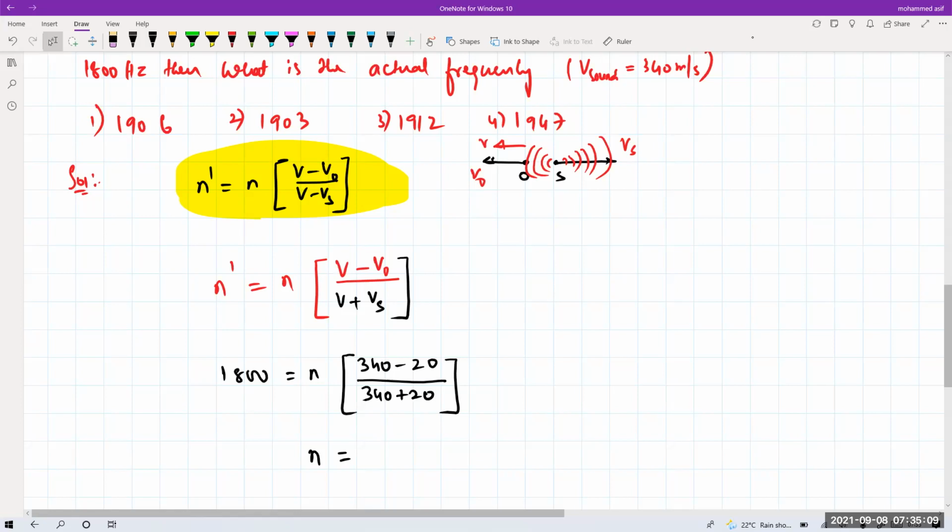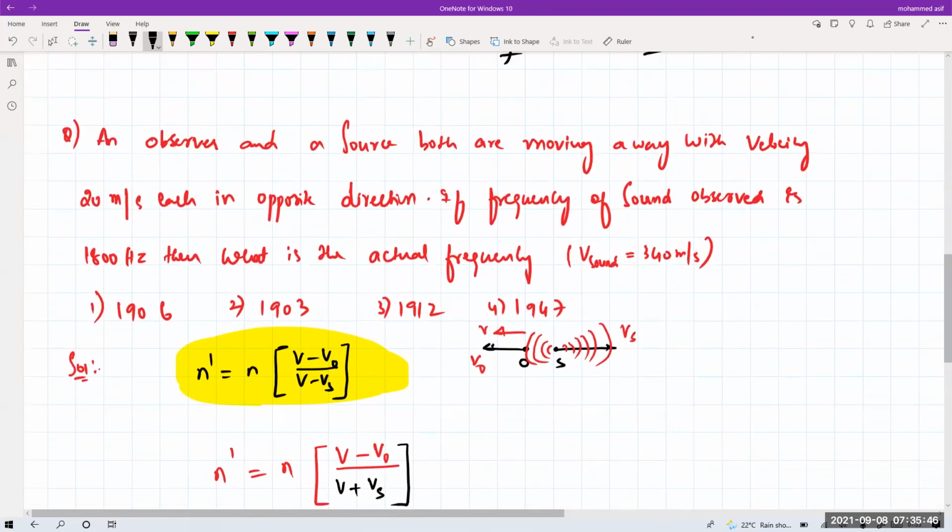So 2025, sir. So what is the nearby answer I can write for that one? 1947. Now it's coming 2025, sir. So we should write the highest only, sir. 2025, nearby means 1947.